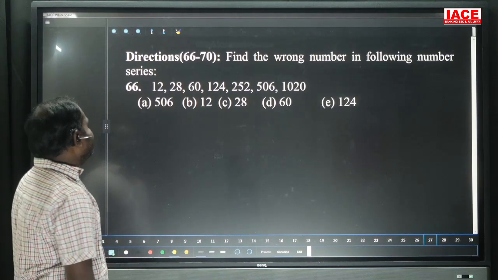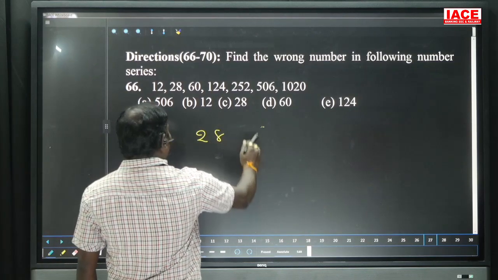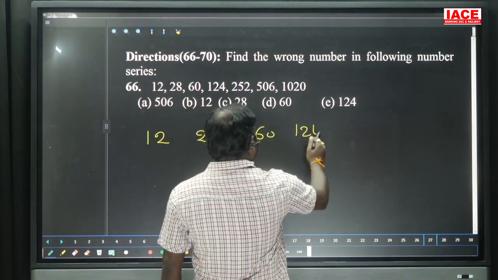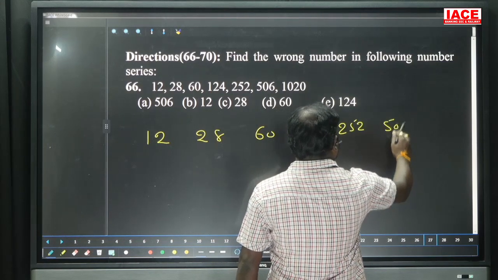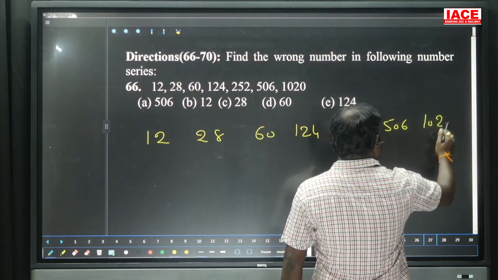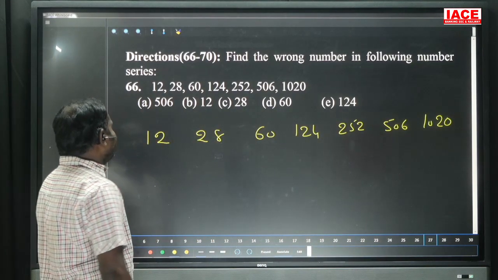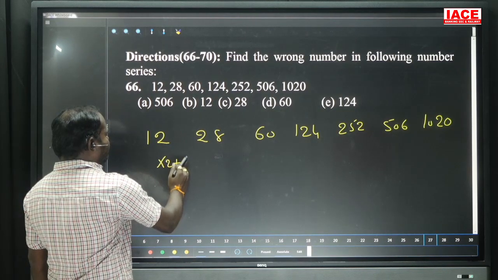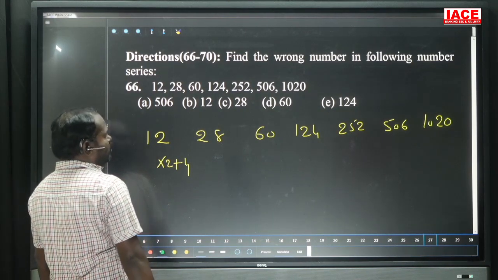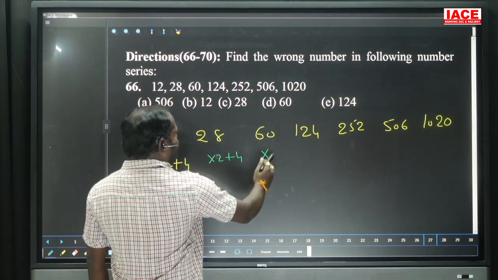66 to 70, number series. 12, 28, 60, 124, 252, 506, 1020. Here 12 we can write as 12 into 2, 24 plus 4. 28 into 2 is 56 plus 4.